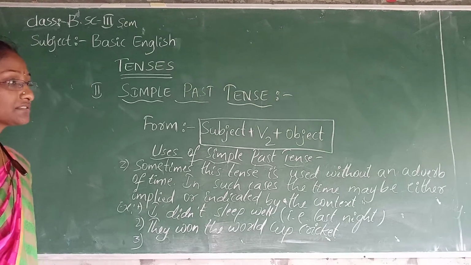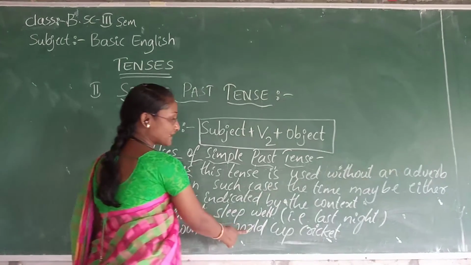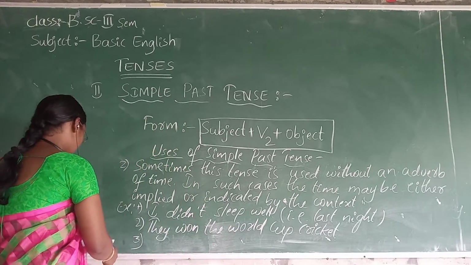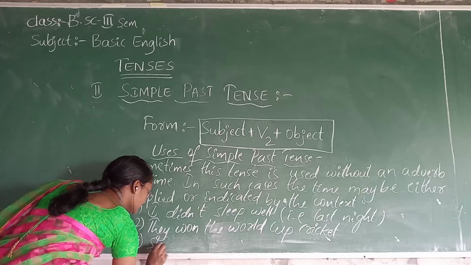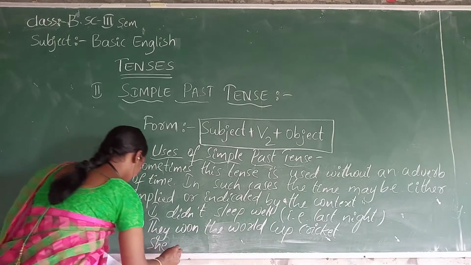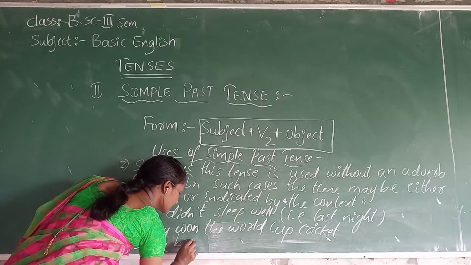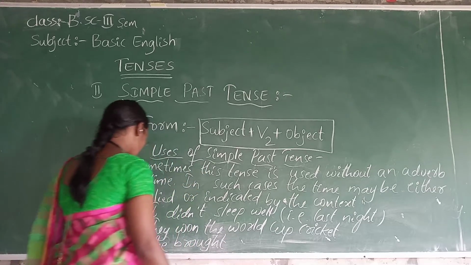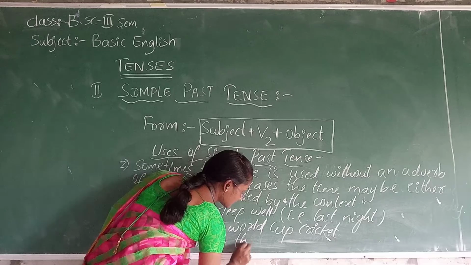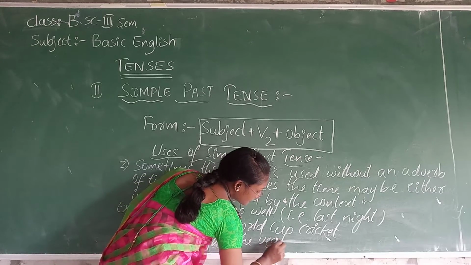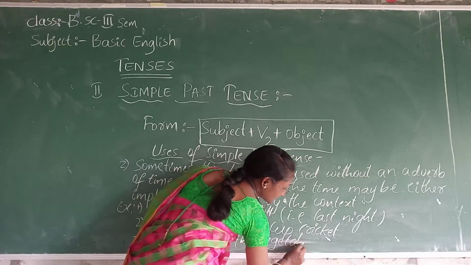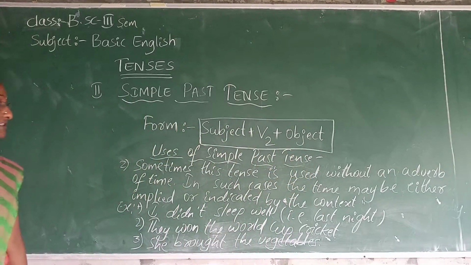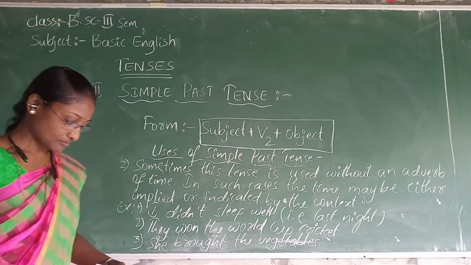Here there is no use of an adverb or particular time. Third example is she brought the vegetables. All these are examples of simple past tense.